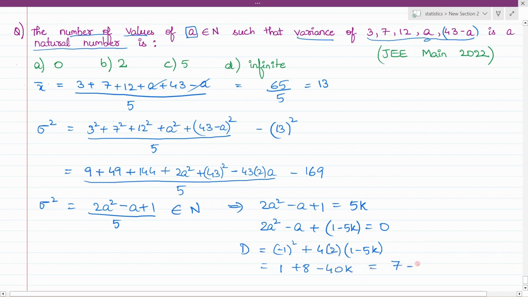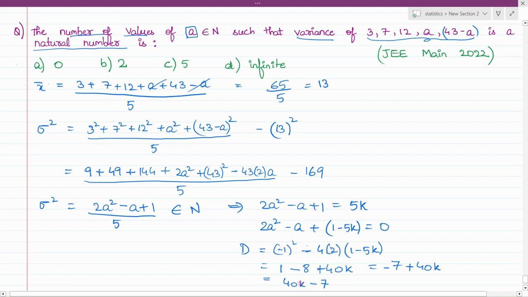So it becomes 1 minus 8 plus 40k, that is, minus 7 plus 40k. So this is 40k minus 7.